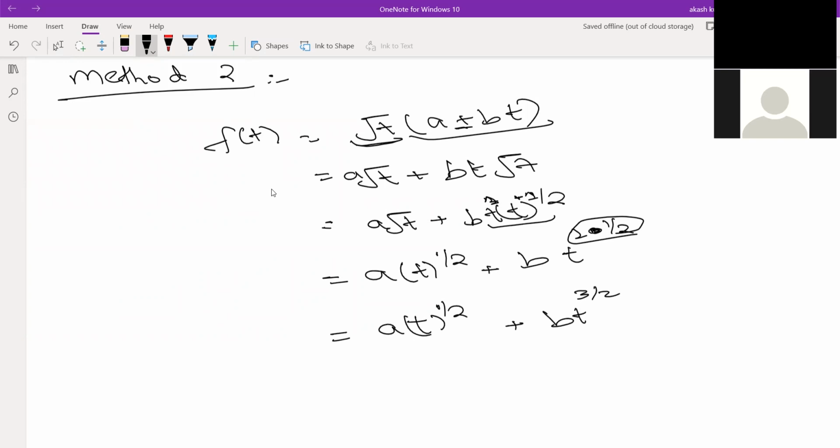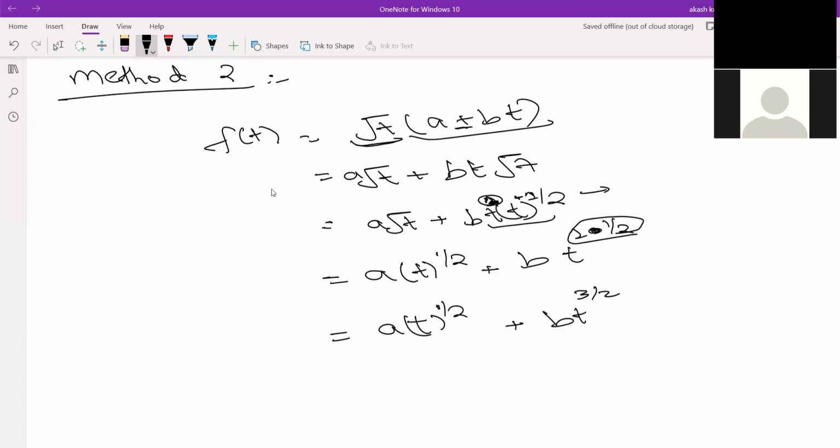So in the third line, the square root of t plus bt, the power of the first t is 1, and the power of the second t is half.